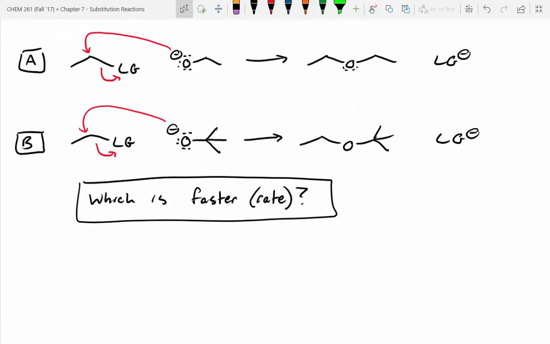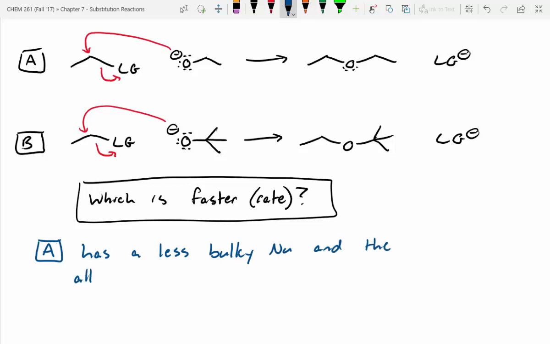So let's make a note of that. So A has a less bulky nucleophile. And the attack is therefore easier.